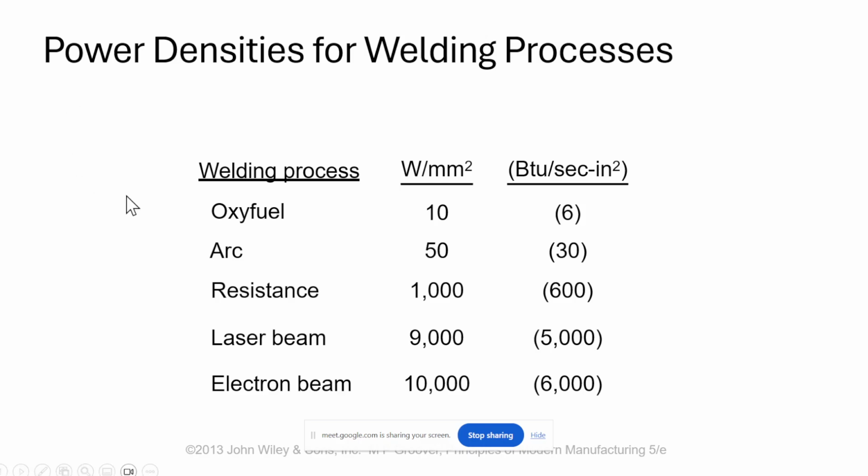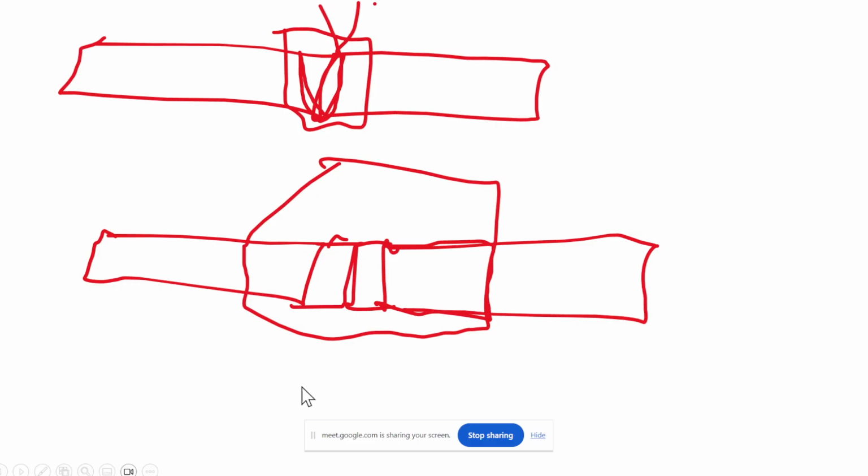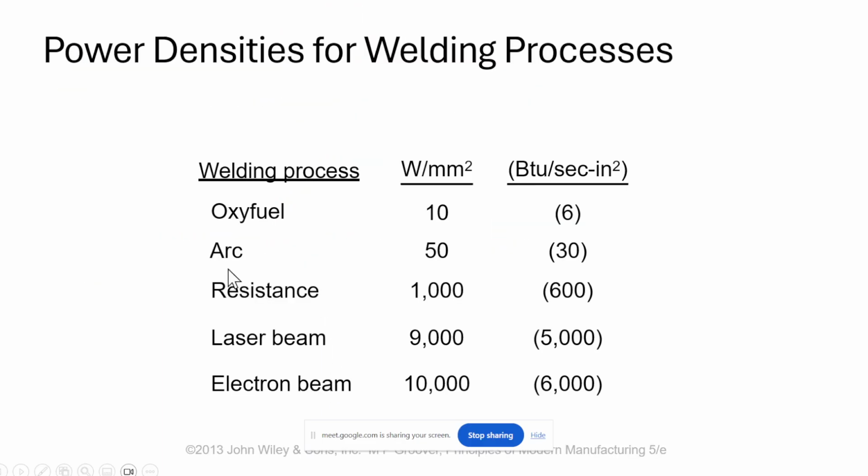But when the power density is much higher, in the case of electron beam and laser beam, the heat affected zone will be very short. So that is actually desirable. But because of cost constraints, we do not go for laser beam and electron beam for general applications. So we mostly go with arc welding.